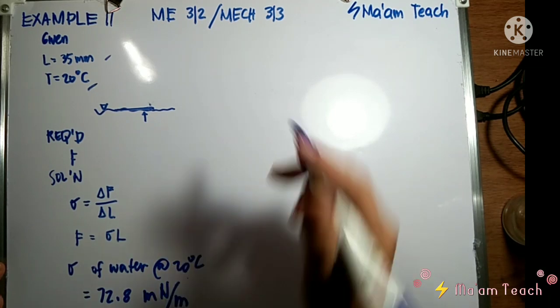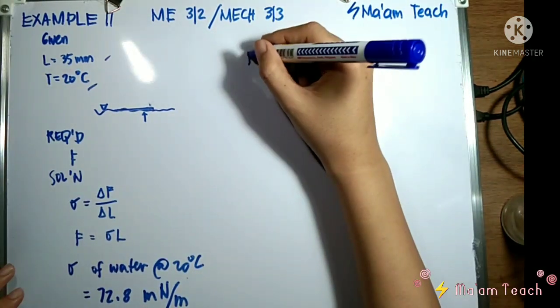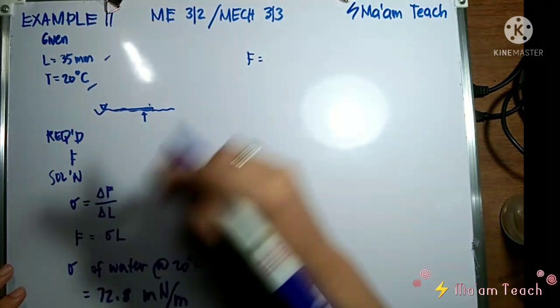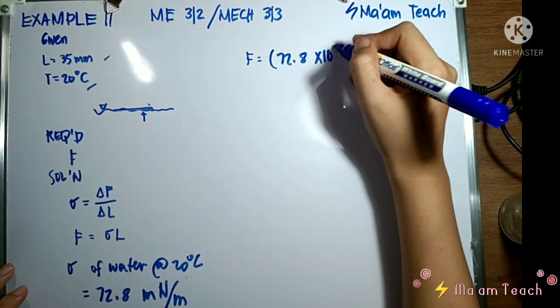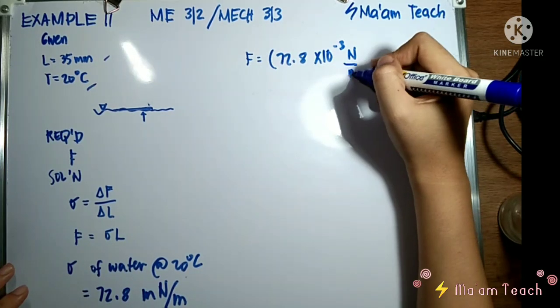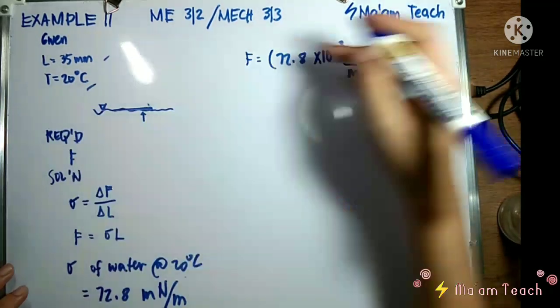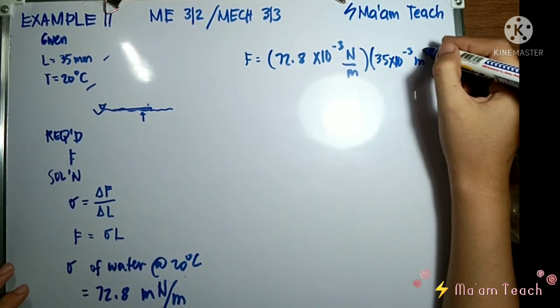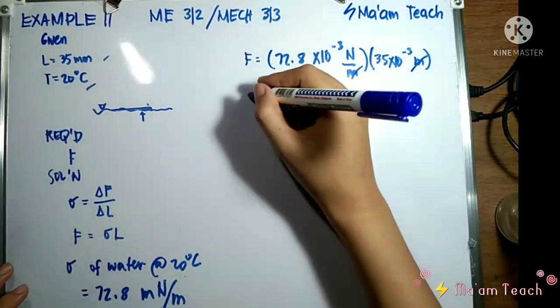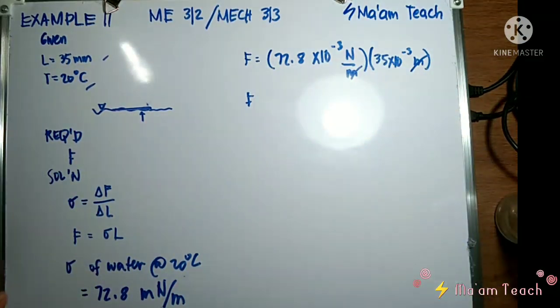So this will be the value that we will use in our formula. So 72.8 times 10 to the negative 3 Newton per meter times your length, which is 35 times 10 to the negative 3 meter. We can cancel out meter and we will be left with the unit Newton.